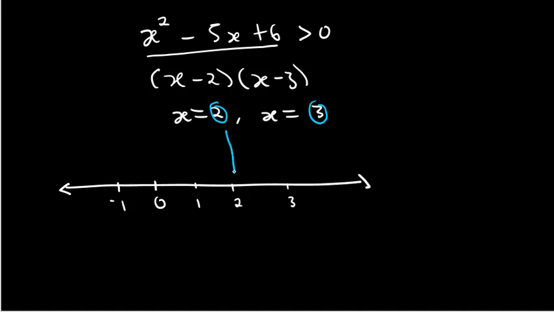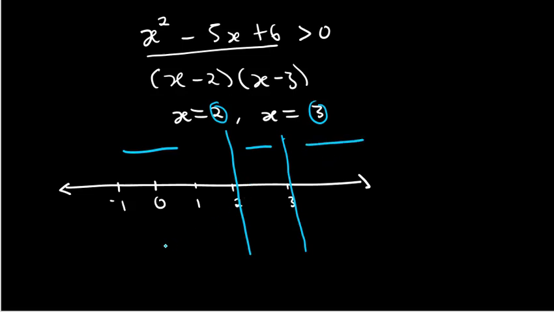So we have this, and we have, okay. Now in this case, we have three main parts. So we have this part, we have the middle part here, and then we have this part also.